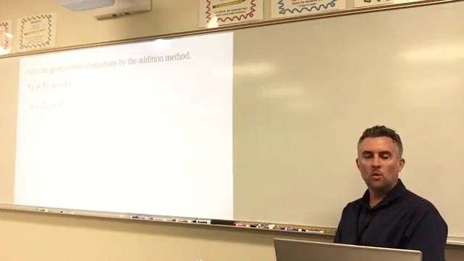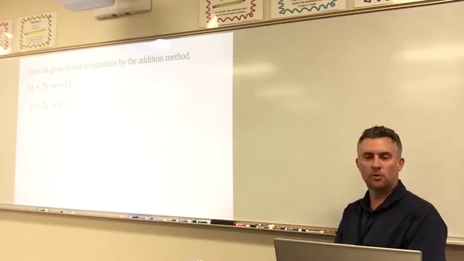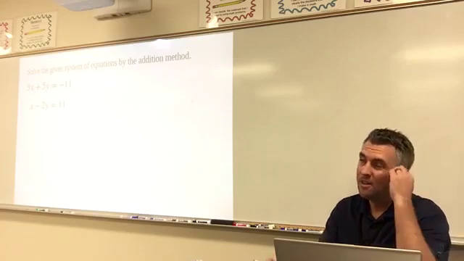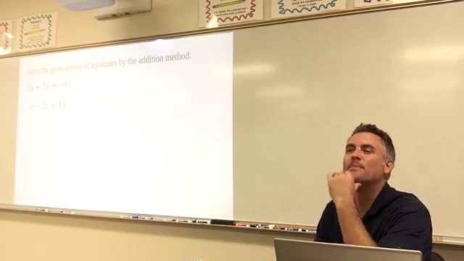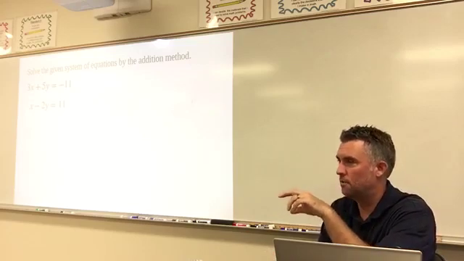What algebraic procedure could I do on this so that when I do add them together, I'm down to 1 variable? Can you guys visualize what would be nice if this would work out? We could substitute.